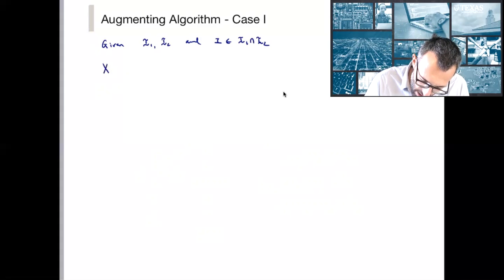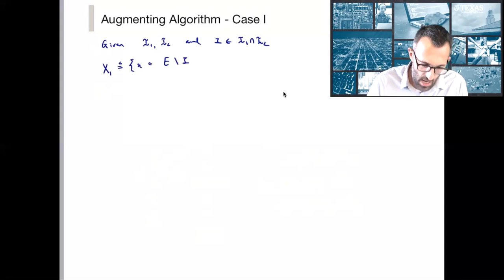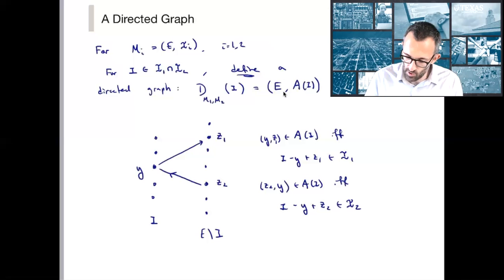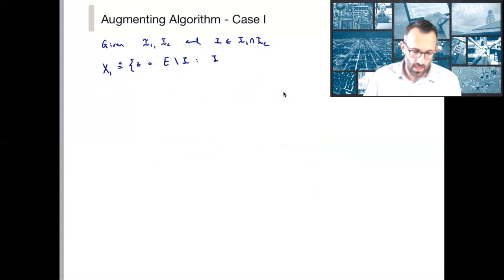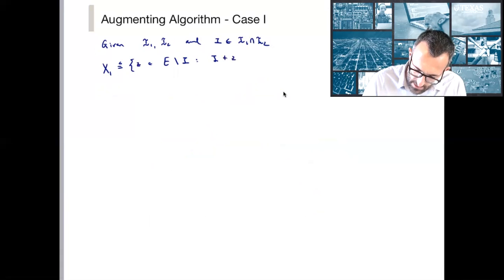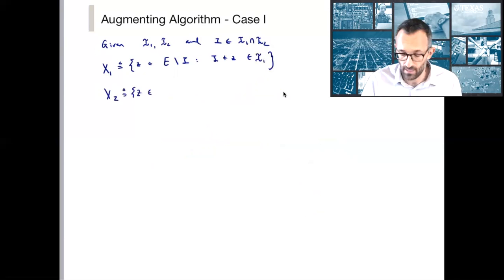So let's define x1 to be the set of nodes that are in E but not in I. In other words, the set of nodes here on the right, such that, let me write this as a z here, just to be consistent with what we've seen so far, I plus z is an element of I1, and x2 is defined similarly with respect to the second matroid.